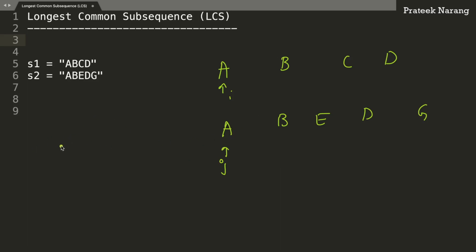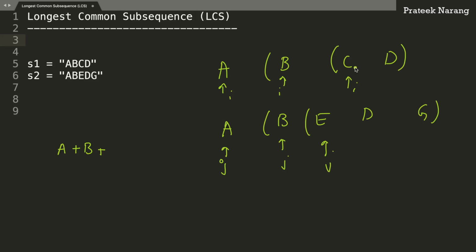So we say, okay, we will take A and try to solve the remaining subproblems from both the strings. I goes to I plus 1 and J will come here. Now again, this is the case, right? B and B match, so you also consider B in your answer, and you move I one step ahead, and you also move J one step ahead, so J comes here.